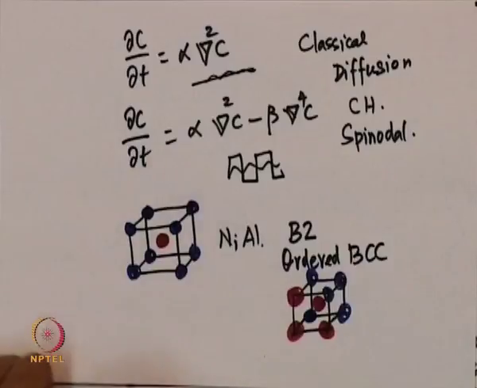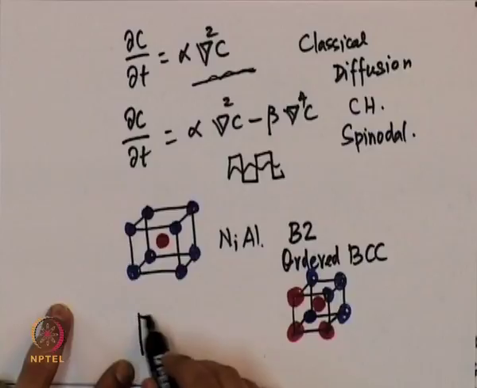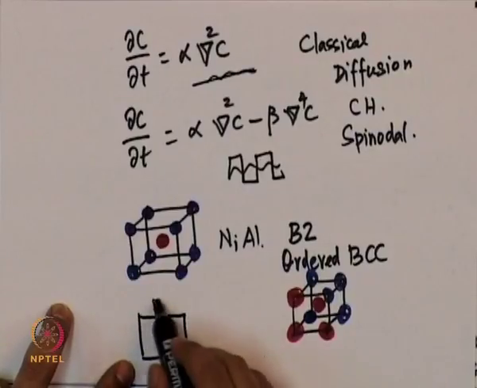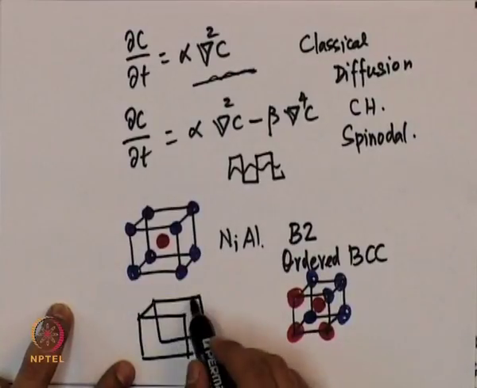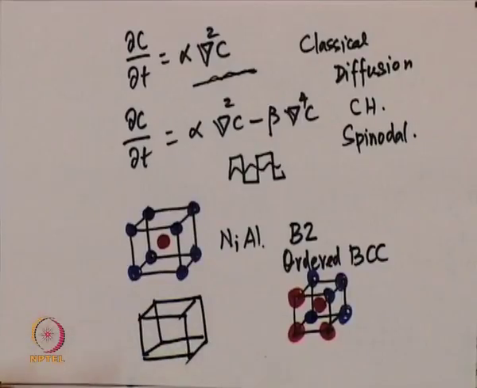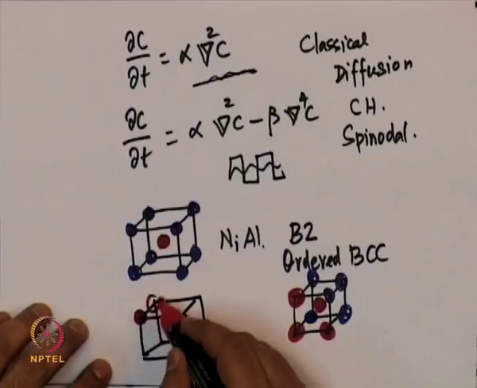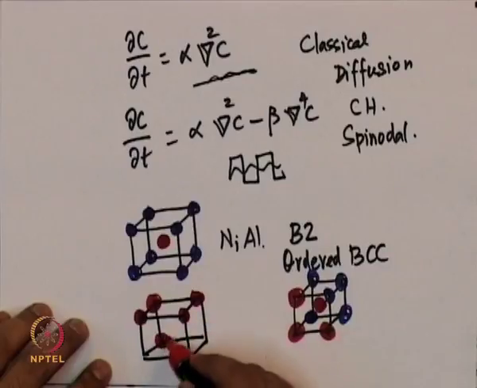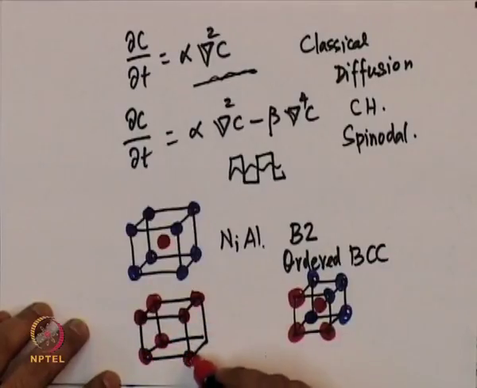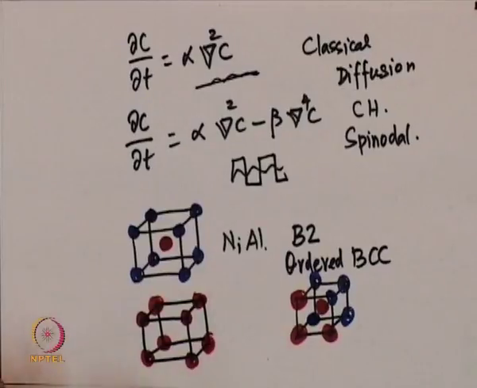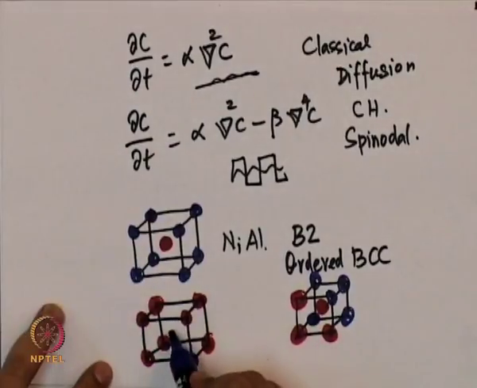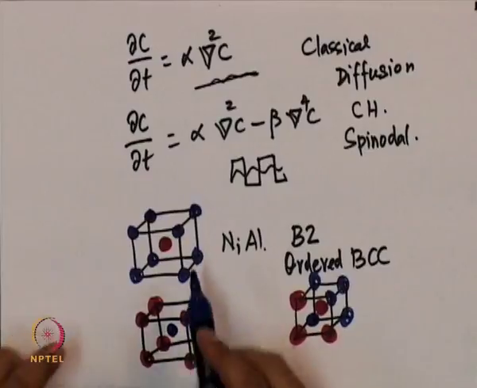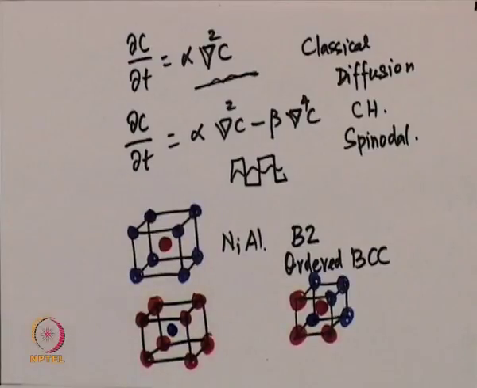So this is one variant of ordering. There could be a second variant, because the body center and the cube corner are arbitrary. From somewhere else, if you are forming these ordered structures, you will see that the cube corners are all occupied by red and the body center is occupied by blue. These two are known as ordered.